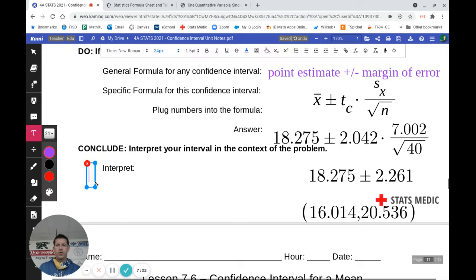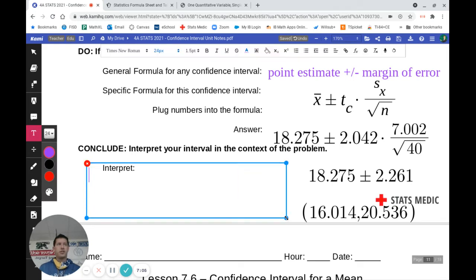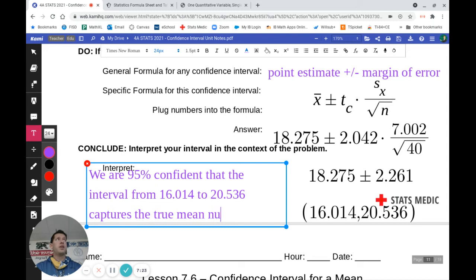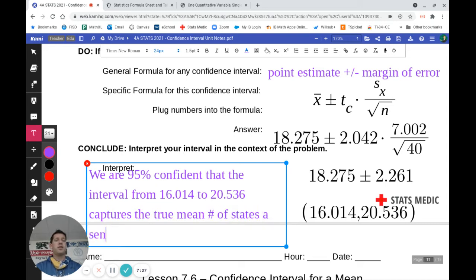And then finally, we're going to interpret what our interval means in the context of the problem. So we can say that we are 95% confident that the interval from 16.014 to 20.536 captures the true mean number of states a senior can list in 1 minute or 60 seconds.